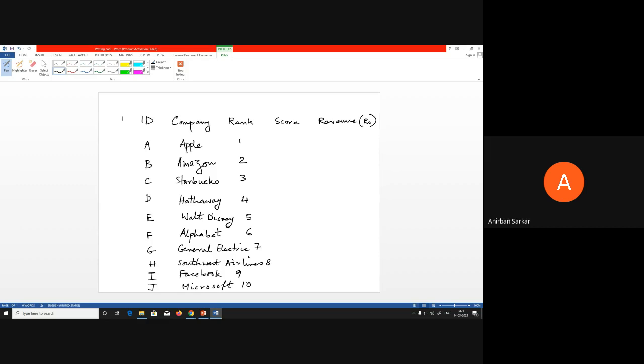Say on the basis of innovativeness, on the basis of overall quality of the management, on the basis of say responsibility to the community and the environment, on the basis of say ability to attract talented people, on the basis of say quality of products and services delivered, on the basis of say financial soundness.